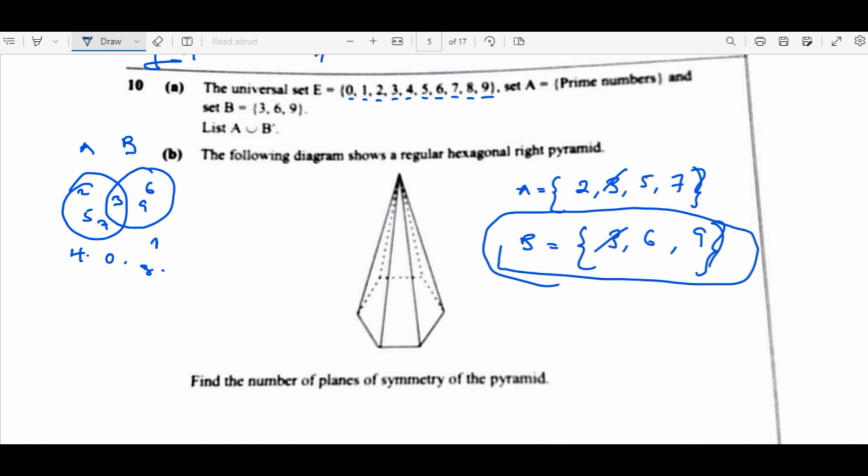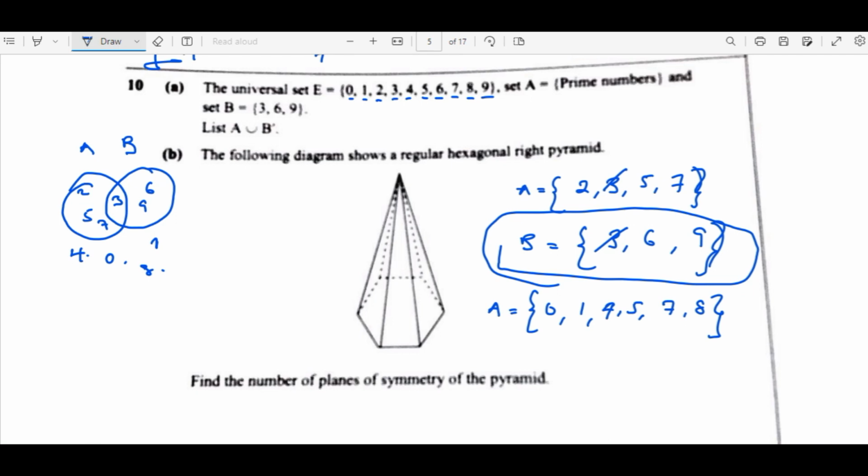So we can write the answer: 0 is not part of B, 1 is not part of B, 3 is part of B so you leave it out, then 4, 5, and 6. 6 is in B, so then 7 and 8.